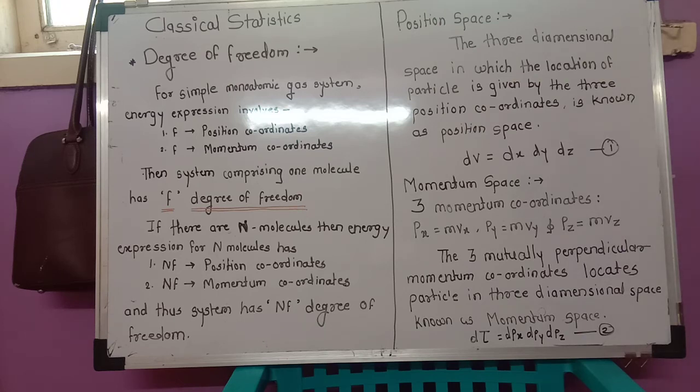The three mutually perpendicular momentum coordinates that locate a particle in three-dimensional space are known as the momentum space. We consider a small element in the momentum space, dτ, defined as dτ = dpx dpy dpz. It is the momentum space.